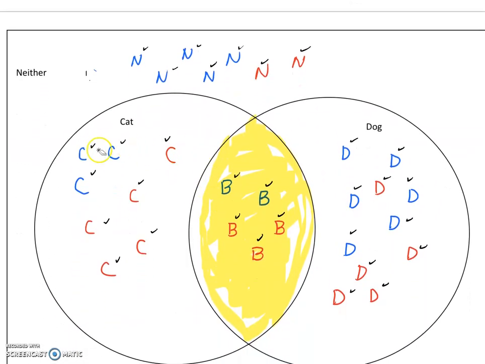We have 1, 2, 3, 4, 5, 6, 7, 8 that are in the cat part, but we still have to count the households that have both a cat and a dog because they own a cat. So we have 8 and then 5 more in the yellow section.